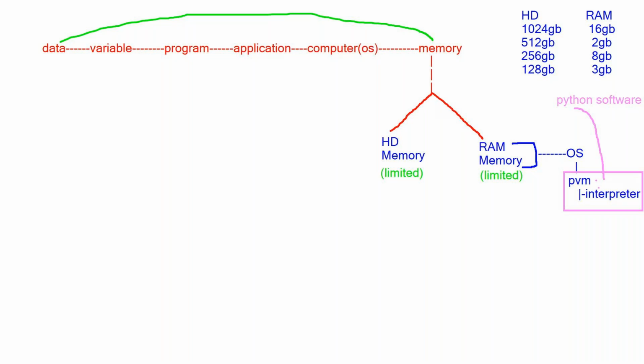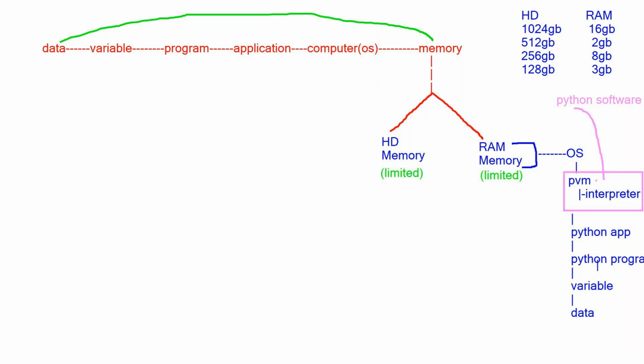Okay, fine. Next. Now this Python software will understand what? Python application. A Python application contains Python programs. A Python program contains variables. Variables contain data.